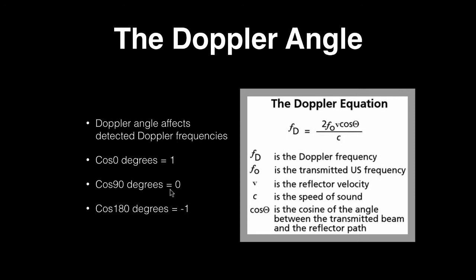In Doppler, that's not going to work out because you're going to end up with 0 for your Doppler frequency shift. The cosine of 180 degrees is going to be -1. So remember, if the incident beam angle is greater than 90 degrees to the flow, the cosine of the angle is negative, and this corresponds to flow directed away from the transducer.